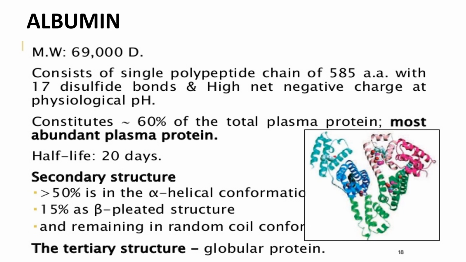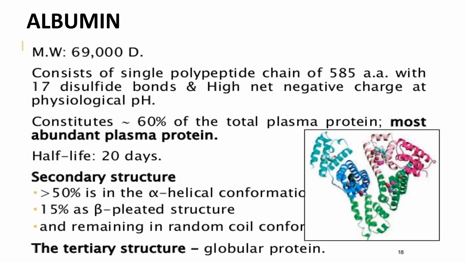It has 17 disulfide bonds, and it is highly negatively charged at physiological pH. So in the electrophoretic field, it moves towards the cation because of this negative charge, and because of this negativity, it is responsible for the transportation of transitional elements like copper and iron. It constitutes 60% of the plasma proteins. Half-life is 20 days.